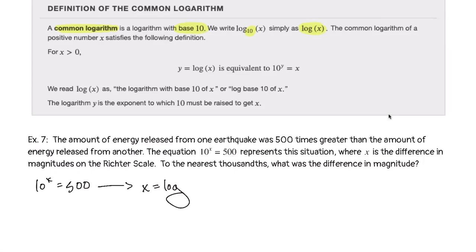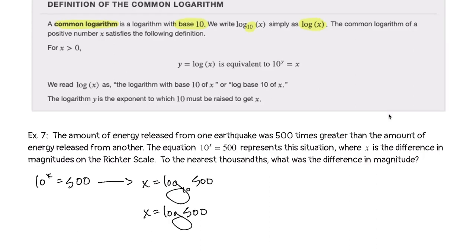Yeah, we could write it as log base 10 of 500, or we could be fancy, since we just learned about this common log, and not write the 10, so I'm just going to write it as log 500.